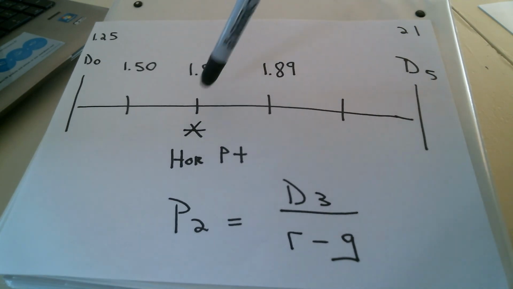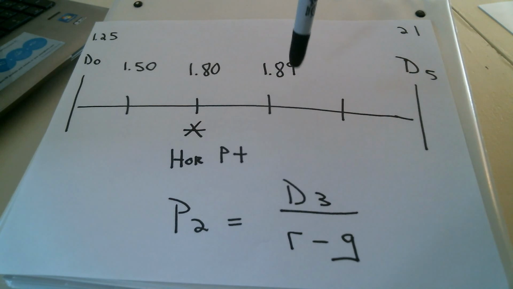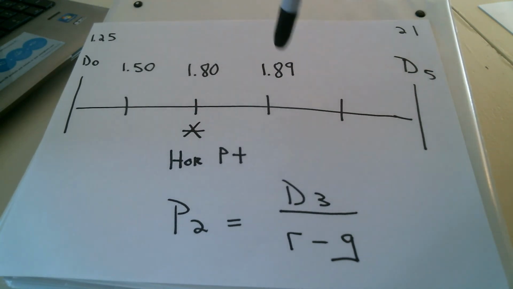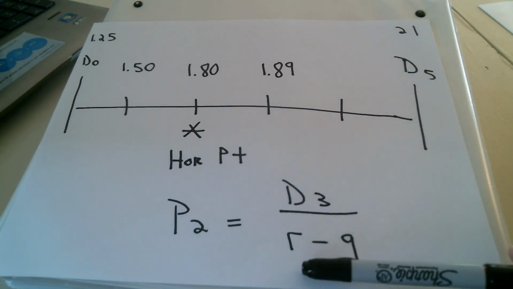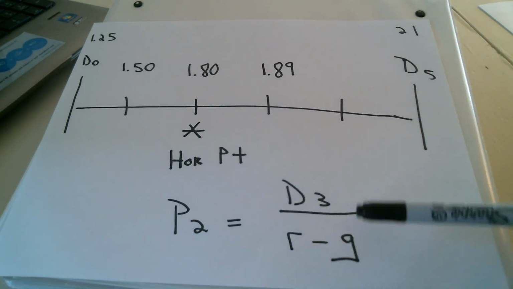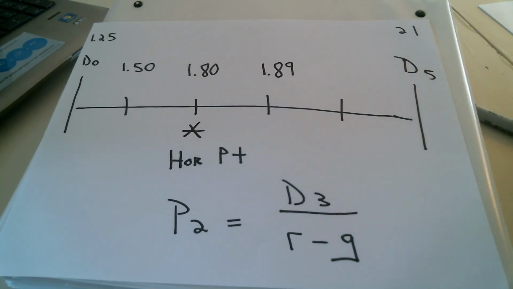Again, you're projecting out, forecasting, extrapolating out to come up with approximately what the price would be with all those conditions. So P2 is going to be D3, the dividend at the 3rd period, so it's 1, 2, 3. $1.89 over the required, which was 10%, minus the growth rate at that point, which is only 5%.